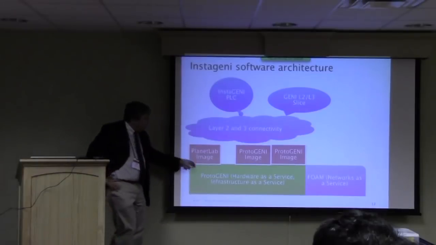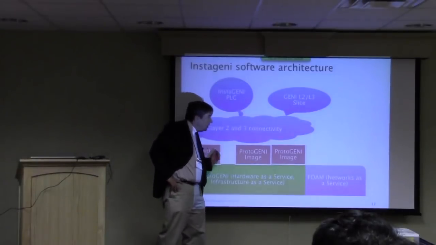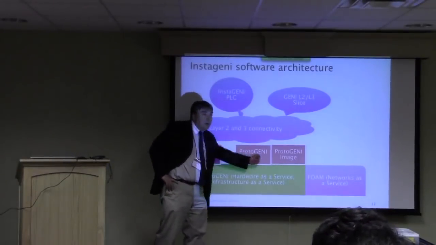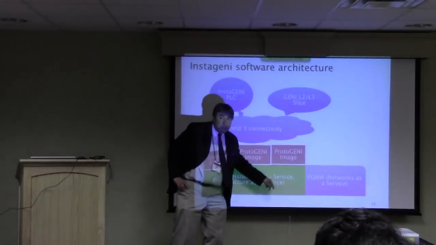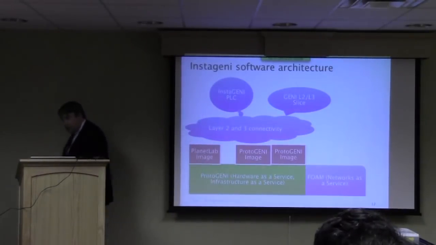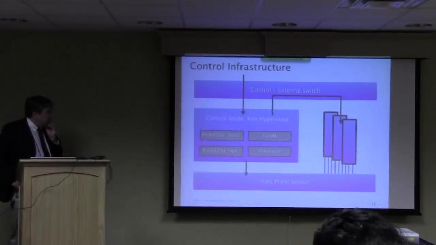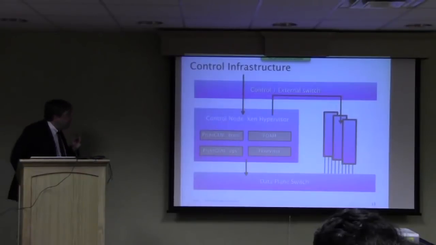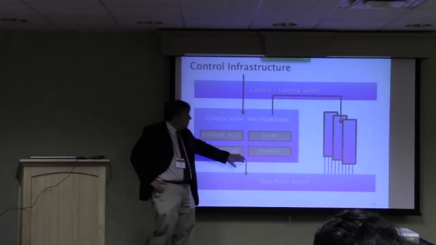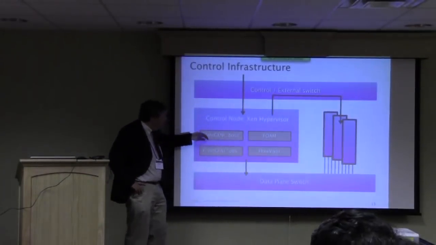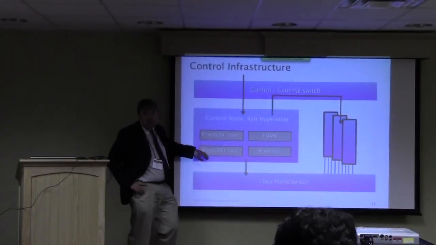On top of these, you can instantiate on the nodes either a PlanetLab shared image or a bunch of ProtoGENI images, either exclusive or shared, running virtual machines and containers. The control node runs a Xen hypervisor with various virtual machines: FOAM, FlowVisor, a ProtoGENI boss node, and a ProtoGENI ops node.